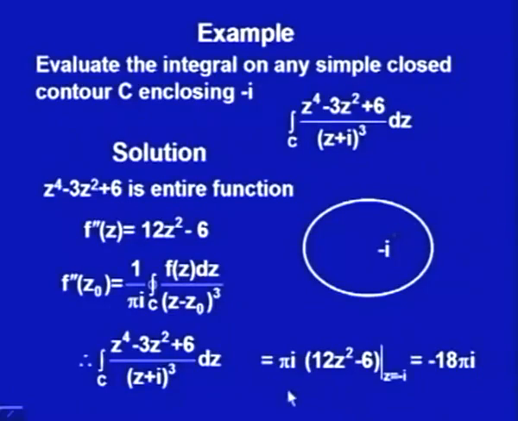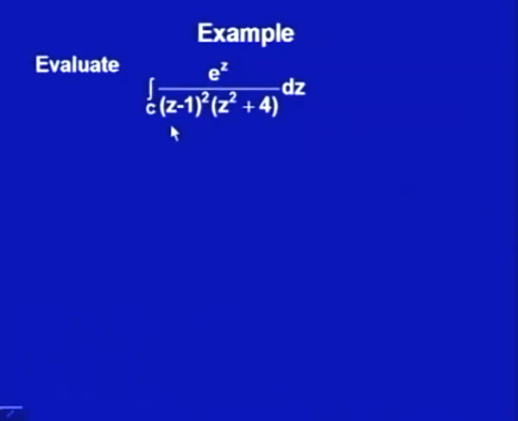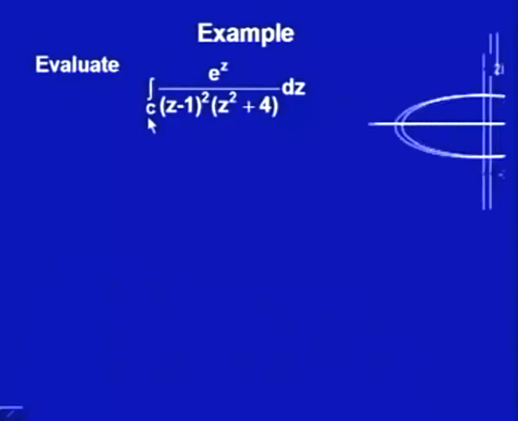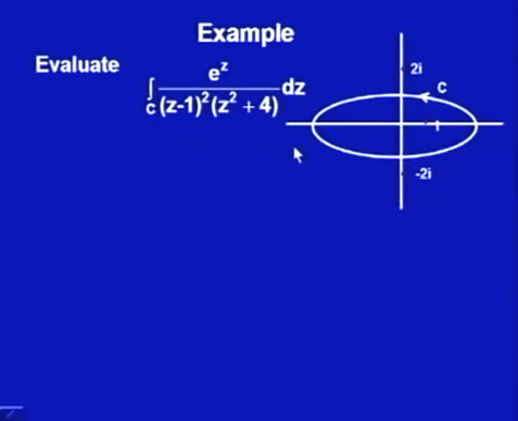Let us see one more interesting example. Evaluate the integral of the function e to the power z upon (z minus 1) whole square into (z square plus 4) along the contour C, where my contour C is actually an ellipse whose x axis goes from minus 3 to plus 3.